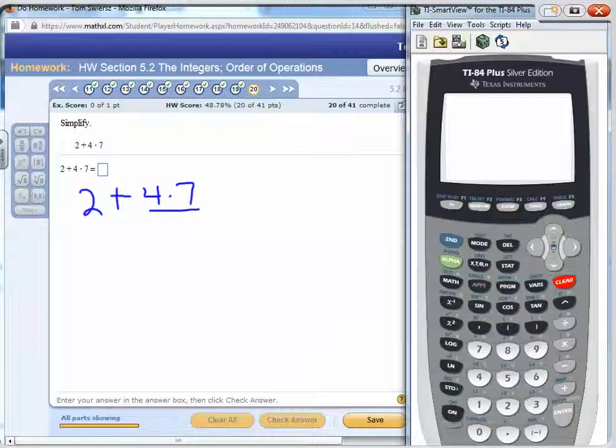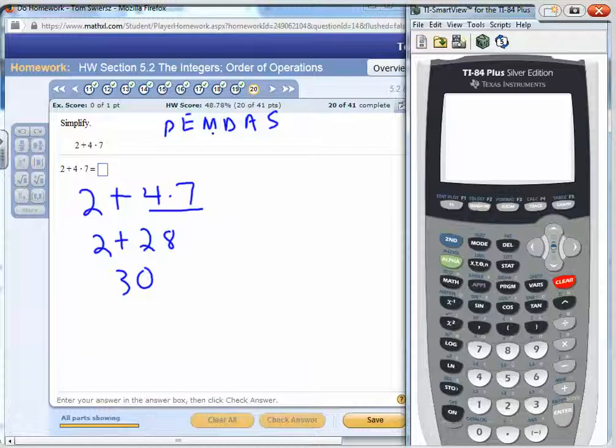You do the multiplication first, even though it's to the right, because in order of operations, please excuse my dear Aunt Sally, you do the multiplications before the additions. So 4 times 7 is 28, and then 2 plus 28, of course, is 30. So the correct answer is 30. Now, the calculator has the correct order of operations built in.